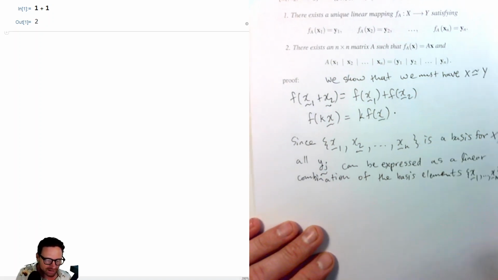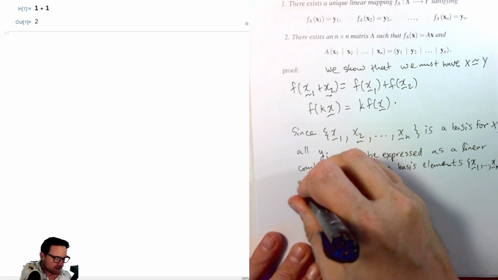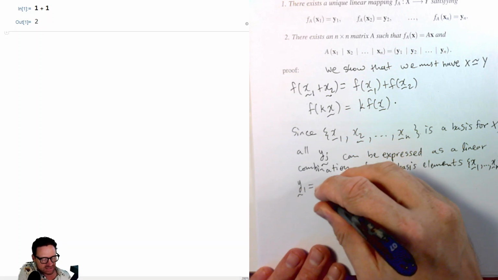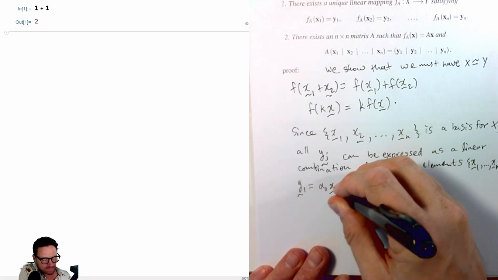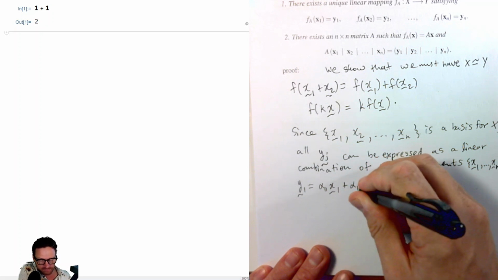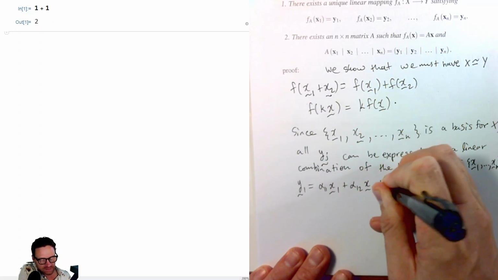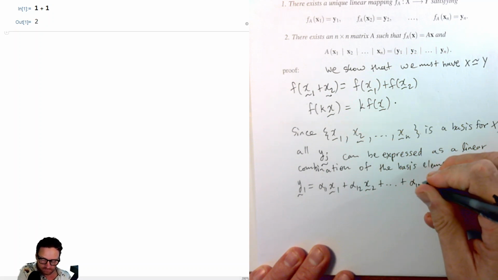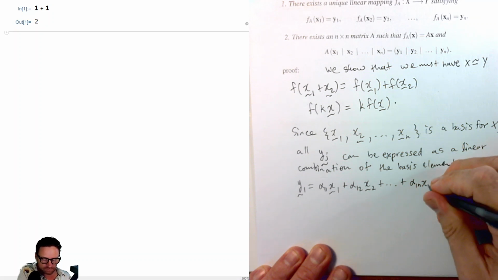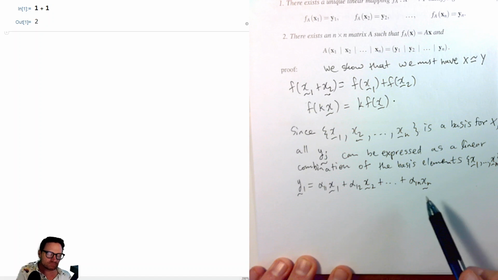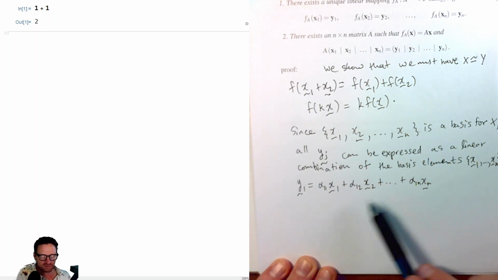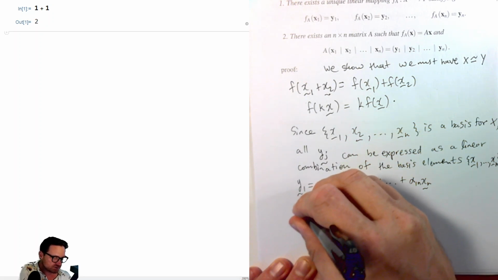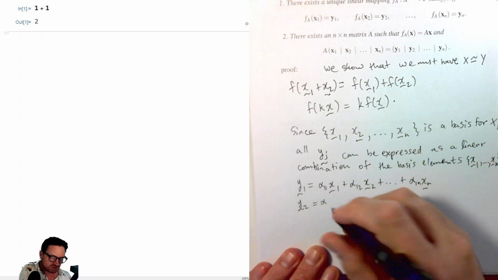And so how can we say that? Well, y1 is a linear combination of those. So there exists an alpha 1 1, alpha 1 2, and so on, alpha 1 n, so y1 is a linear combination of the vectors x1 through xn. Likewise, y2 is a linear combination of those.